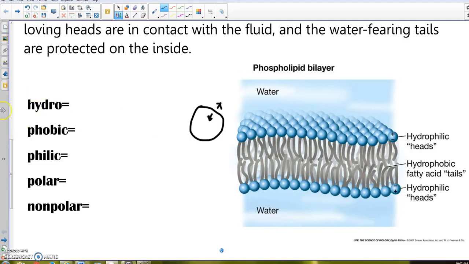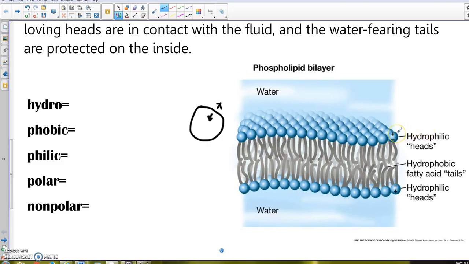All right, and then we just broke down the vocab pieces. Hydro meaning water. Phobic is a fear of. We should have these in your notes already. Philic is a love of or liking. Polar has a little bit of a charge. Nonpolar does not. So we name the parts of this cell membrane by saying it has hydrophilic heads.